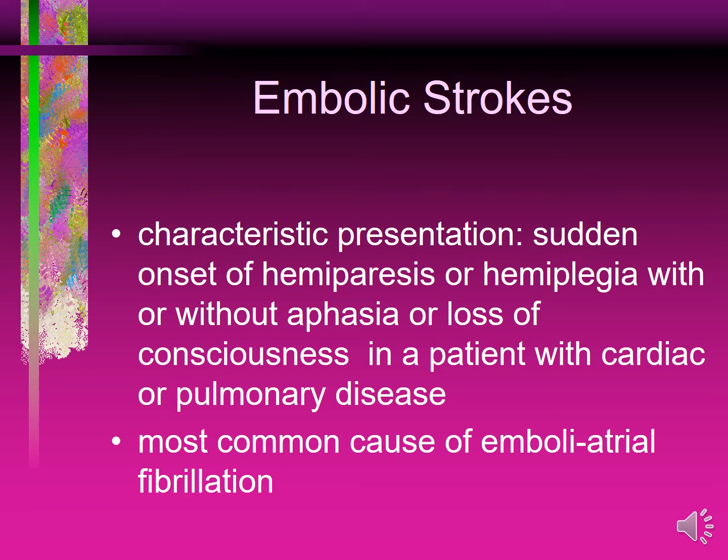So you have usually a sudden onset of hemiparesis or hemiplegia, with or without aphasia. Aphasia, remember, is difficulty with speech, or the patient may even pass out. And it's usually in a patient who has cardiac or pulmonary disease. And as I said, the most common cause of emboli is atrial fibrillation.